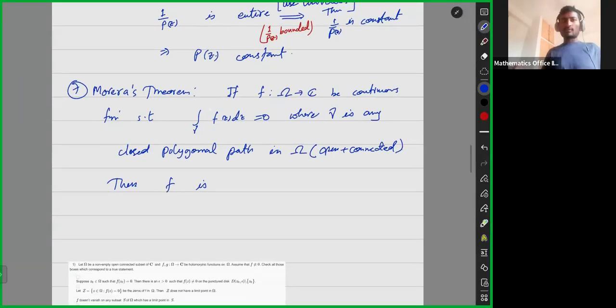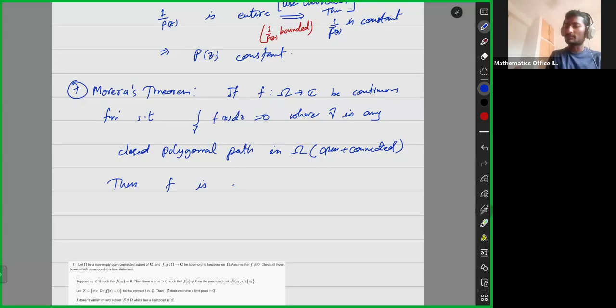Right, then f is holomorphic, or what? How to do this? Using the second fundamental theorem. If you remember, if these integrals are 0 over any closed polygonal path, then f has an antiderivative. Once it has an antiderivative, its antiderivative is a holomorphic function. Its differentiation, if you take, will give you f. And for complex numbers, we have just seen that if f is once holomorphic, it is holomorphic infinitely, right?